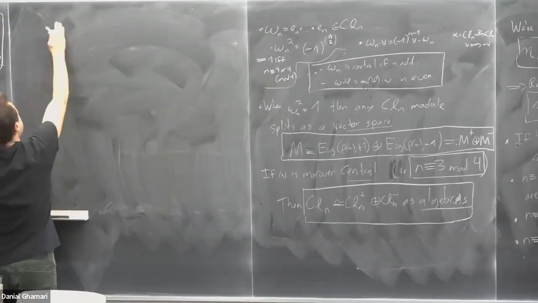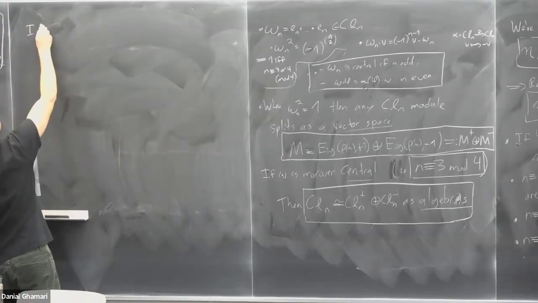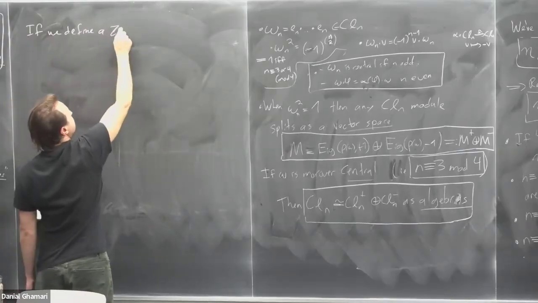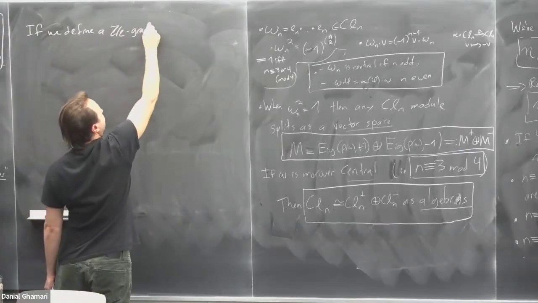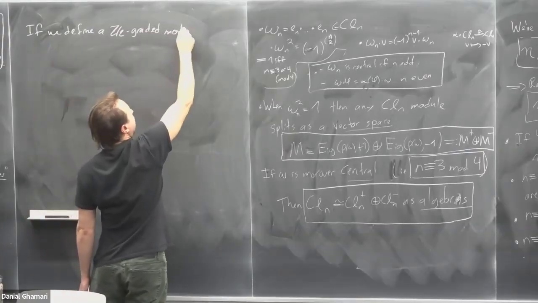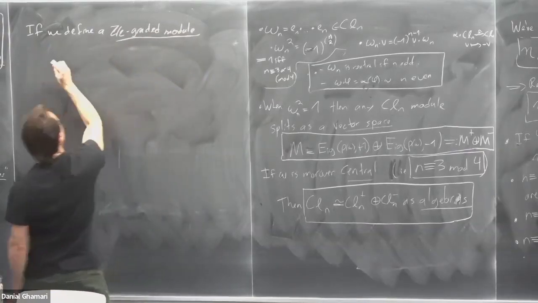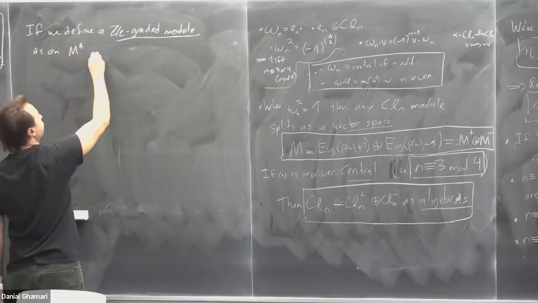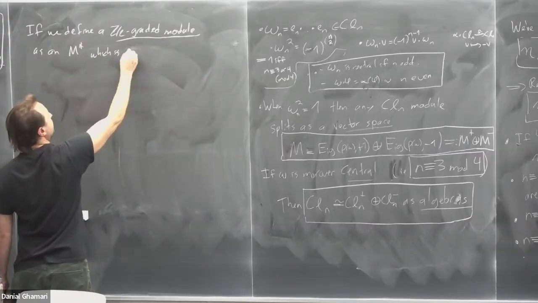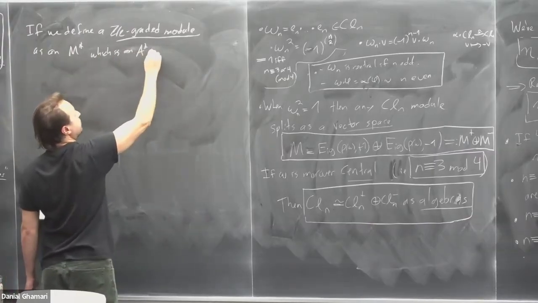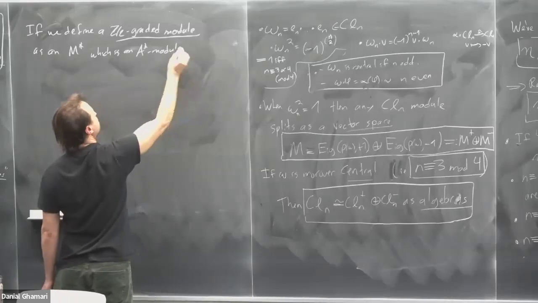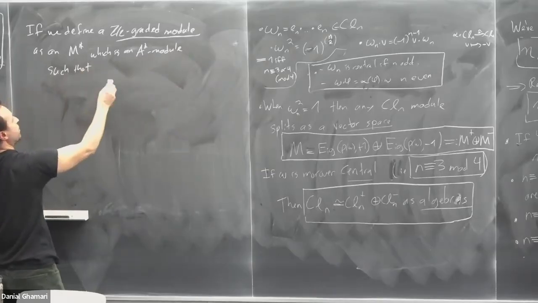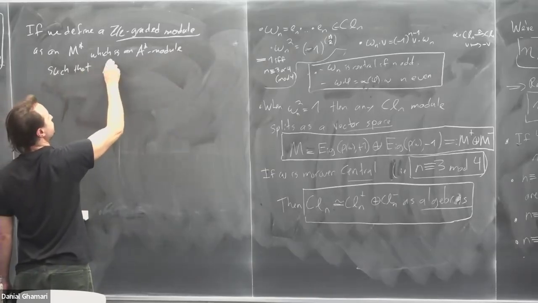So if we define a Z2 graded module as M star, which is an A star module such that in addition to just being a normal module, the module structure has to preserve these gradings.